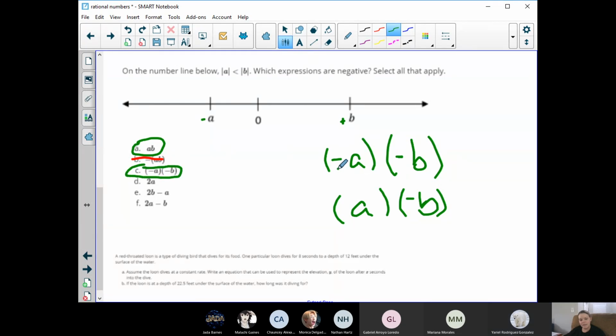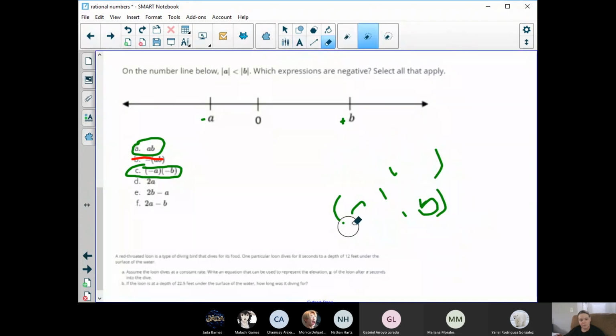So remember, this just means the opposite of, okay? So if it's the opposite of positive, we know it's going to be negative. If it's the opposite of negative, we know it's going to be positive, okay? What about 2 times A?